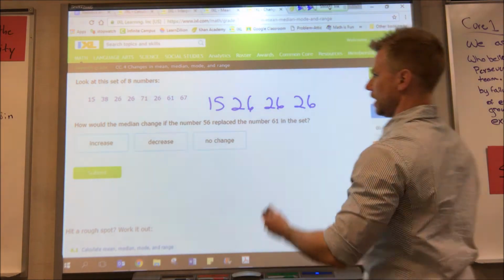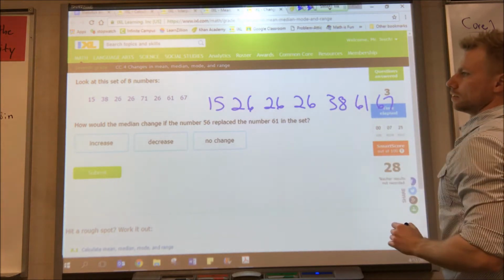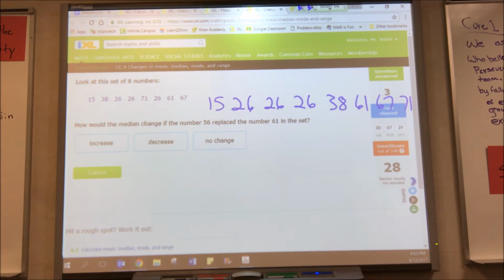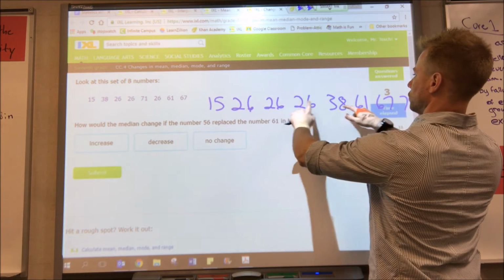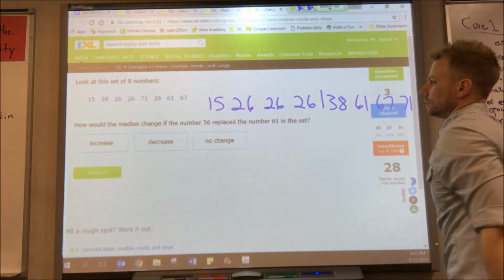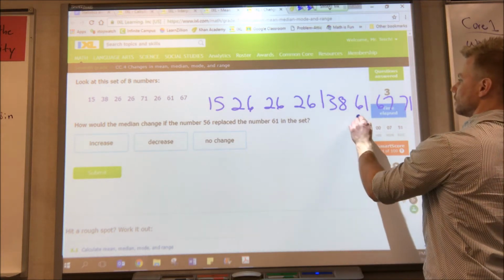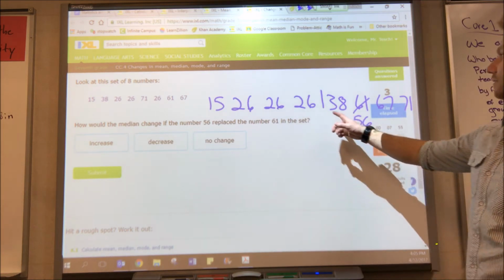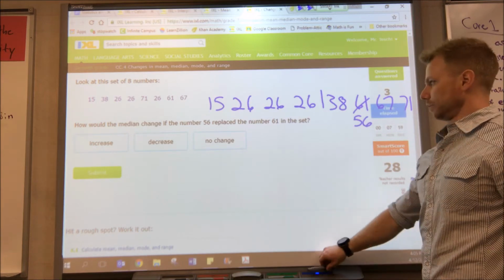Then we have 38, 61, 67, and 71. Okay, so if we find the middle, it's going to be between 26 and 38. If we replace 61 with 56, our median is still going to be between 26 and 38, so there would be no change.